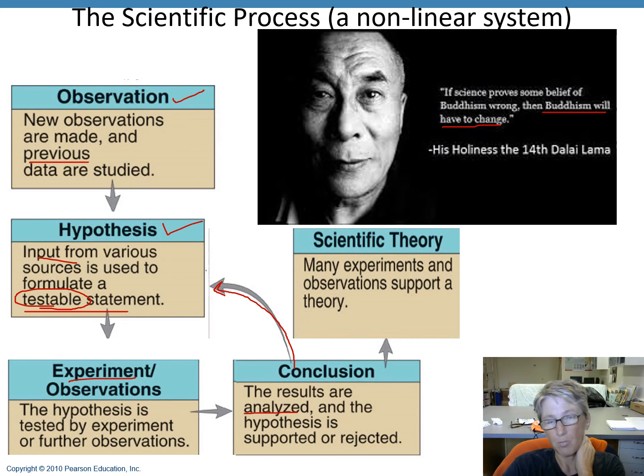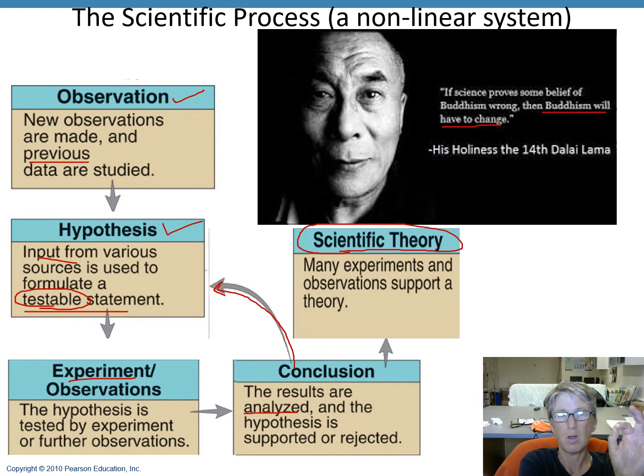If you go through this rigorous procedure and many experiments and observations support the data that you're interested in, say evolution, then you get to be a scientific theory. A scientific theory is really the thing to be. For example, the theory of gravity, the theory of evolution, the cell theory is the theory that all things are made of cells.